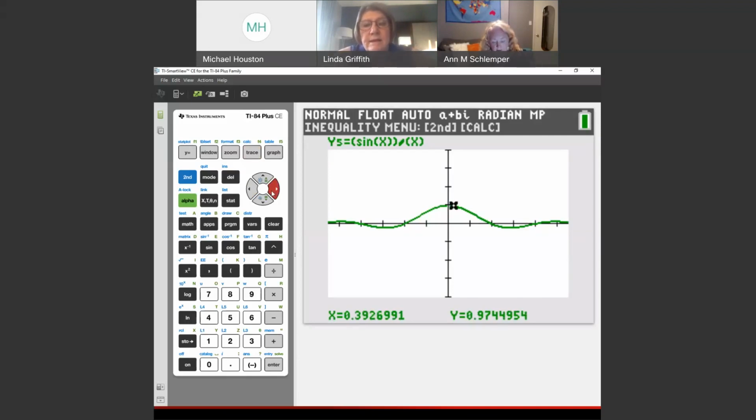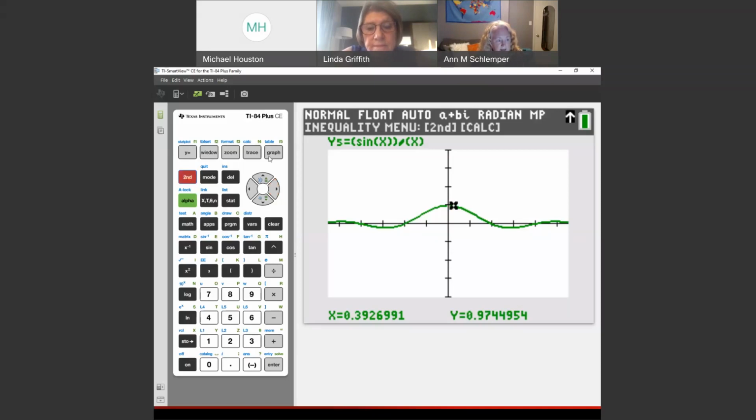Because that 0 is in the very center of your window, that's why you're going to hit it exactly. If your limit is happening at something other than 0, you might not hit it exactly. But I love the way when you hit 0 exactly, it doesn't put error there. It puts nothing under the y equals.